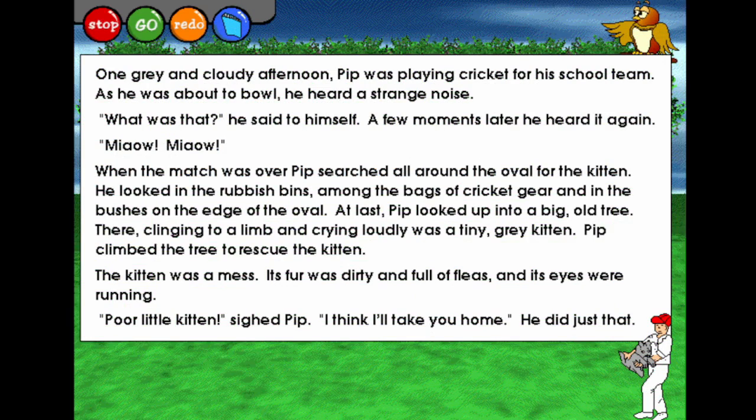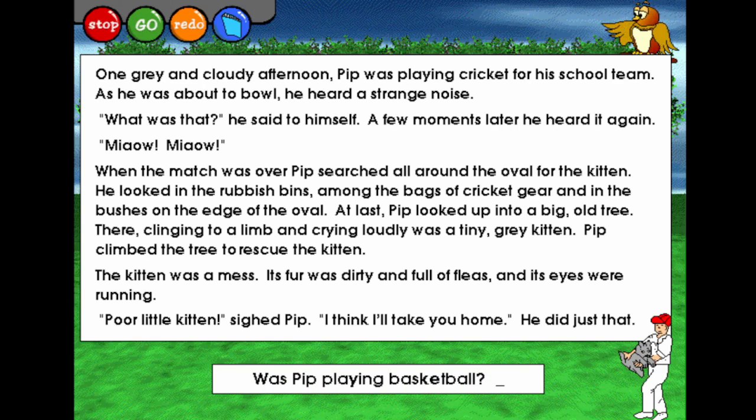Read this story about Pip's adventure. Click on the book if you would like to hear it read. Click on Go when you are ready to continue. Read this question. Click on me for help. Click on the book at any time to hear the story read.